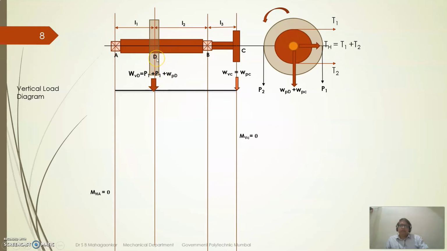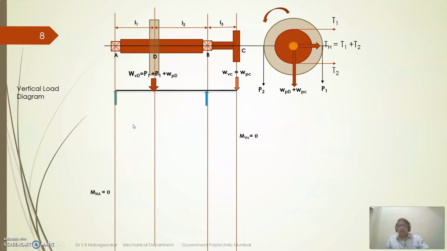So this is at the point D. Let WVD be the vertical load at point D and WVC the vertical load at point C. Now this is supported by the two bearings A and B, so we are going to get the reactions at A and B. This is the initial stage, so we have to find out the reactions with the given loads, right?